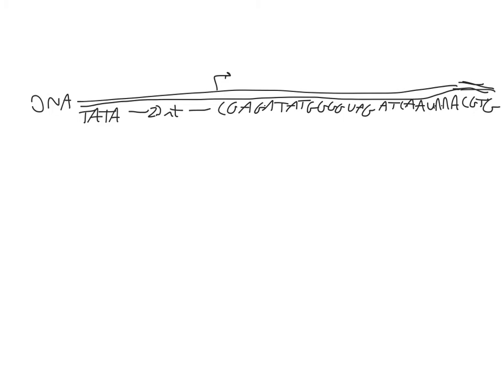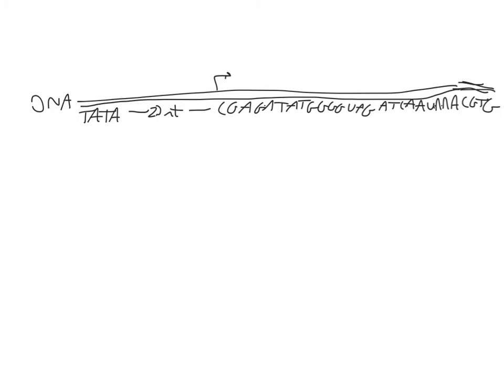TA, and then there's 20 nucleotides, and then there's a specific sequence here, and now you play RNA polymerase. And after that, play ribosome. So it's a eukaryote. So transcribe and translate this chromosome.